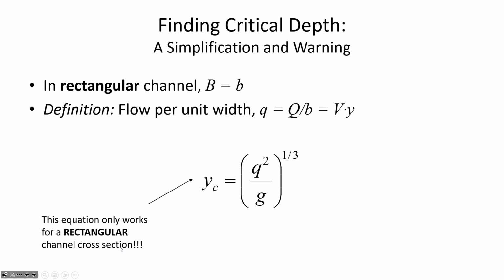If we say that y sub c is the flow per unit width squared divided by g, to the 1/3 power, then in our case our flow per unit width is 2.5 meters squared per second. And we square that, divide it by 9.81 meters per second squared, and take it to the 1/3 power.